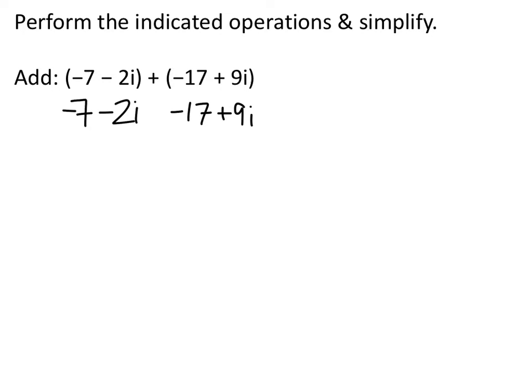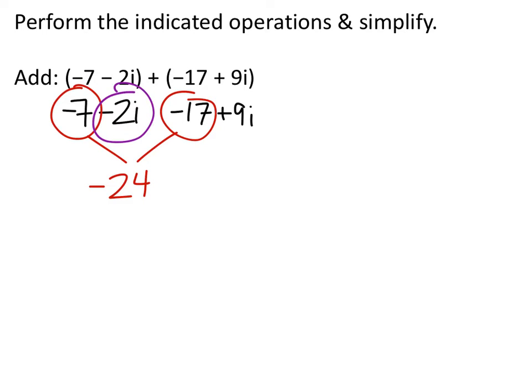And yeah, you can make that -17 if it helps you visualize that better. In any case, we're going to combine like terms. So I got -7 and -17, which when I combine them, I get -24. And then my i's, I got -2i's there, positive 9i's. So that would give me a positive 7i's. Done.